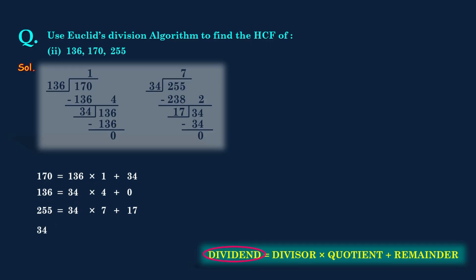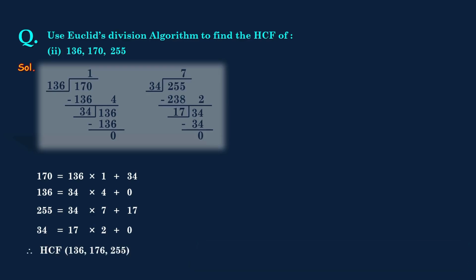We write in terms of Euclid's division algorithm: 34 equals 17 into 2 plus 0. Whatever the final divisor is when we get the remainder as 0, that will be the HCF of all three numbers. So in this case, the HCF of 136, 170 and 255 will be 17.